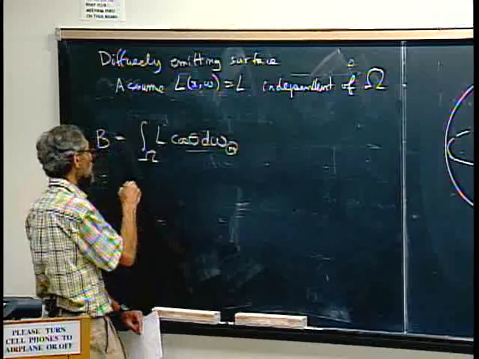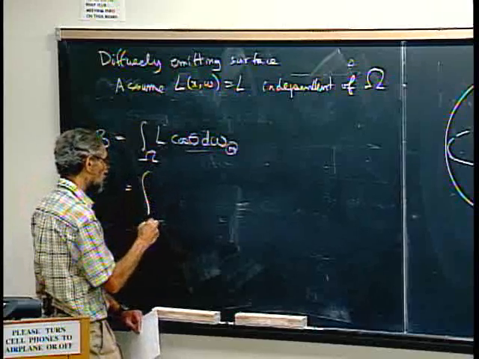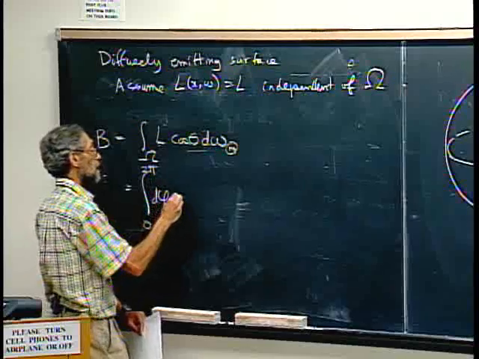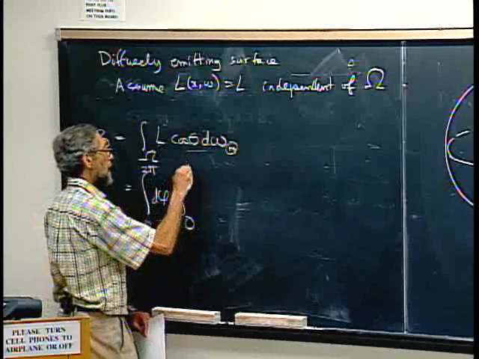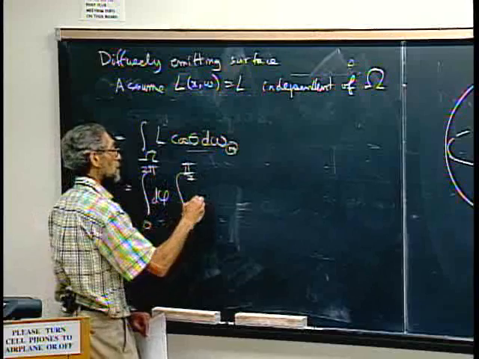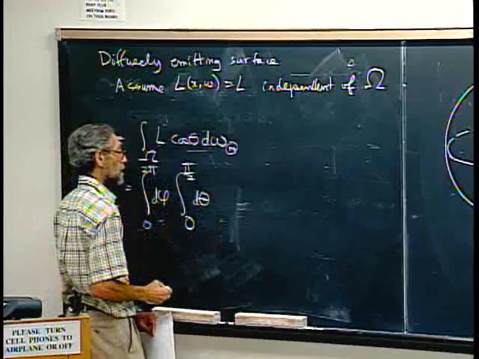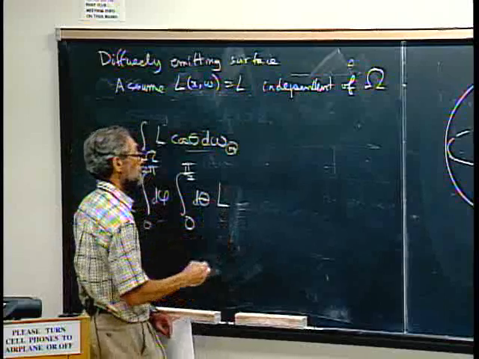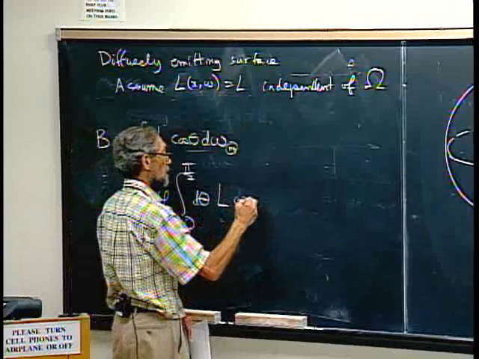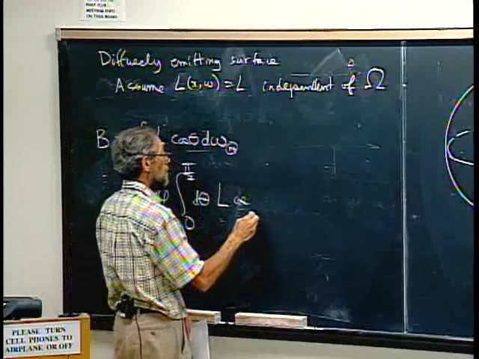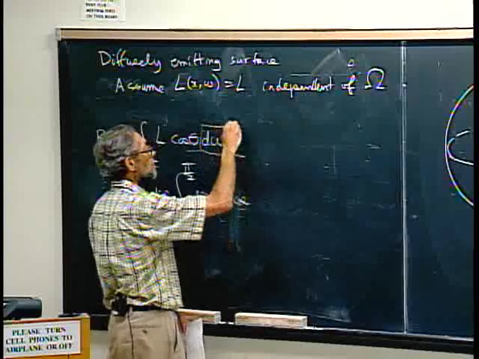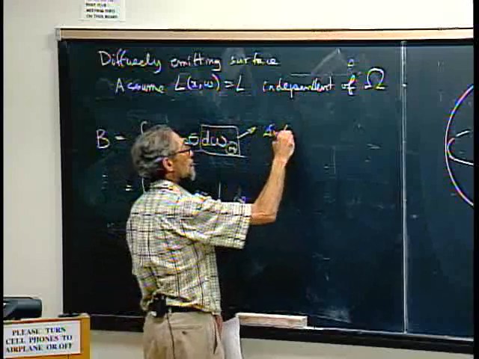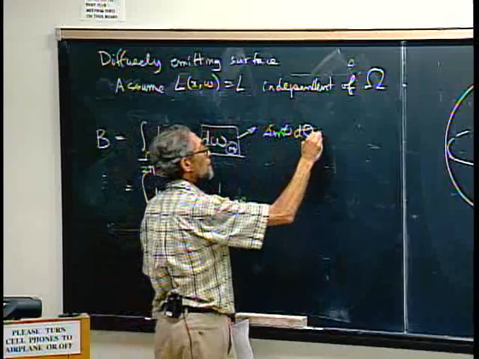Because I want to turn this into an integral from 0 to 2 pi d phi, and an integral from 0 to pi halves d theta, of L times cosine. This d omega is going to be sine theta d phi.